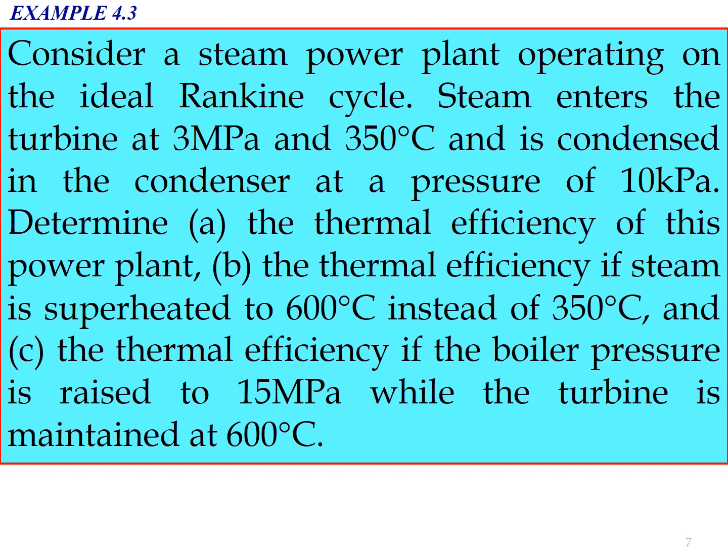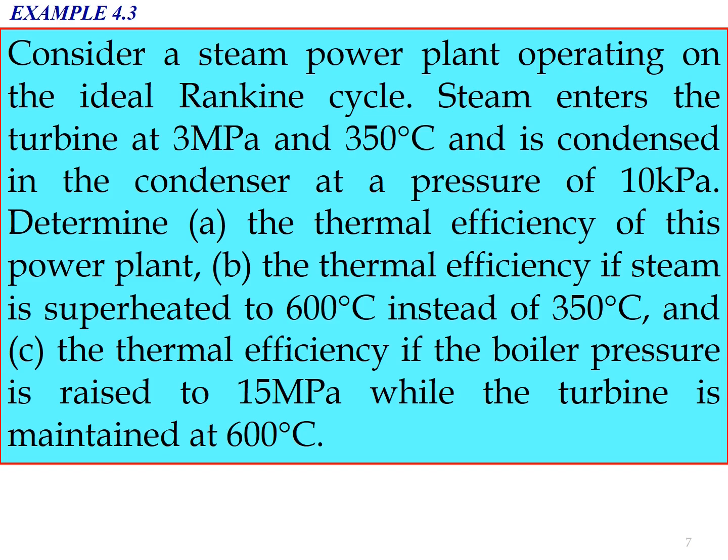Okay, so if you look at the question, the data given, the pressure of 3 megapascal and temperature of 350 degrees Celsius, actually represent the condition at the inlet of the turbine. So if we consider the ideal Rankine cycle, this information is for state number 3.